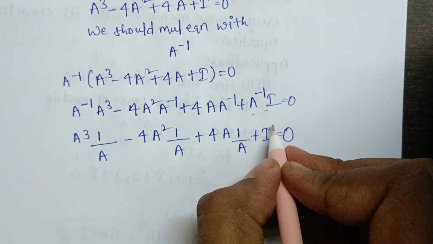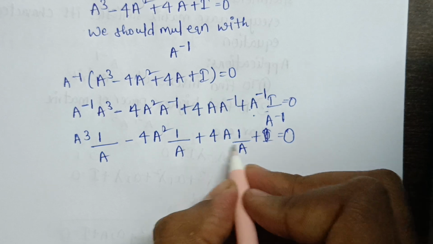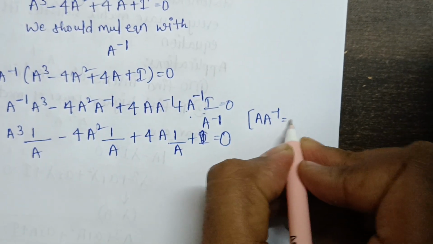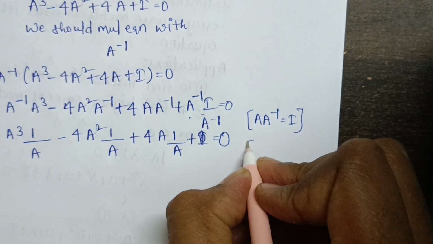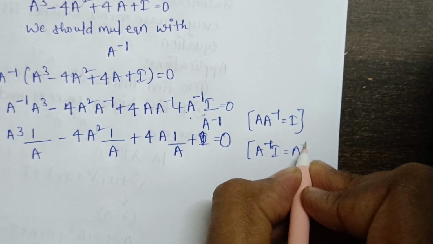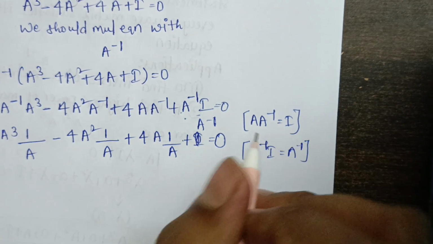Sorry, A A inverse is I, but A inverse I is equal to A inverse. If you remember these two properties, we can easily find out the A inverse.